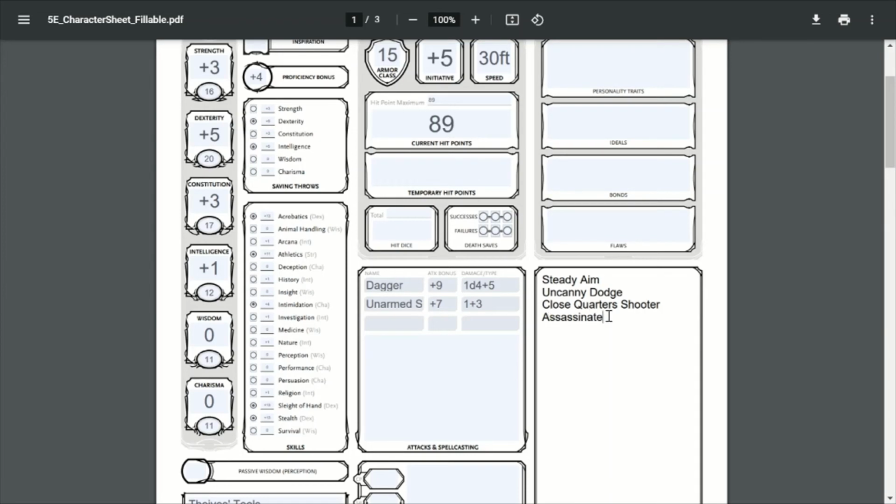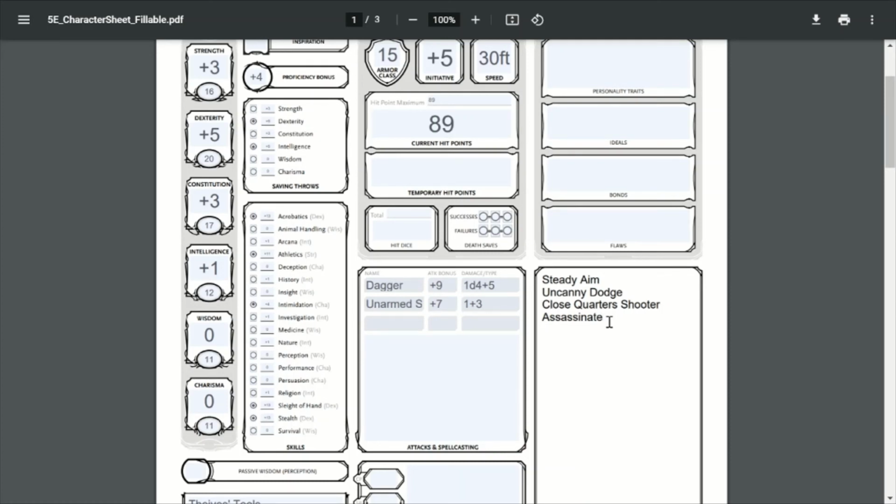But the reason I took 7 levels in Rogue, one, there's Expertise, which I have in Acrobatics, Sleight of Hand, Stealth, and 1 in Athletics. So those are all important, but they're not really the main reason I did this. Diego was kind of like a vigilante in the first season, and so I did the assassin archetype, which gives us the ability Assassinate, which let me read the description for Assassinate.